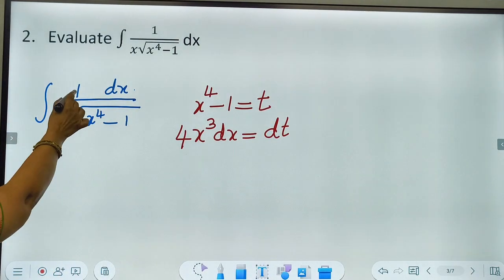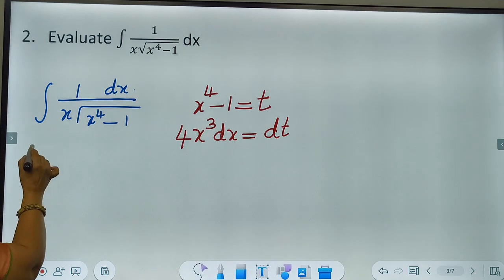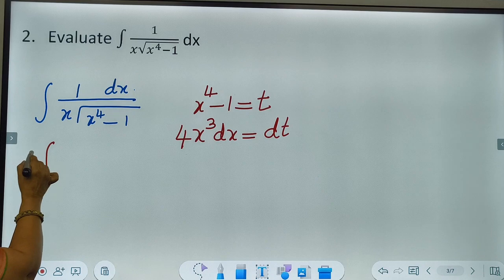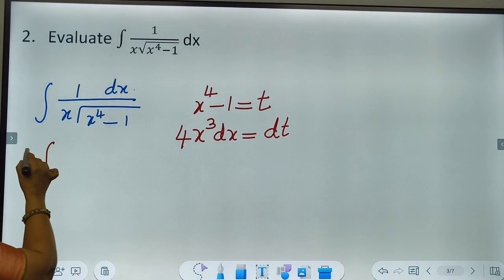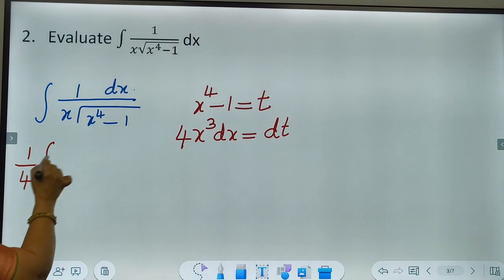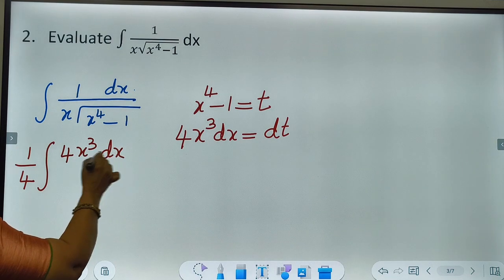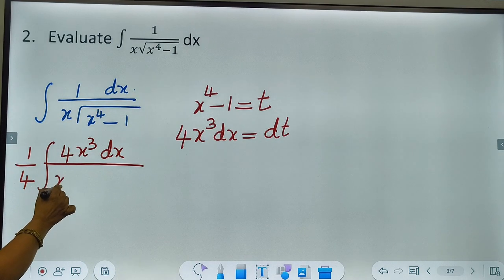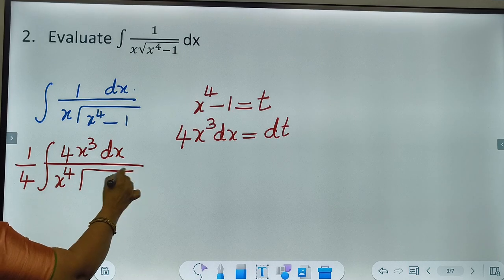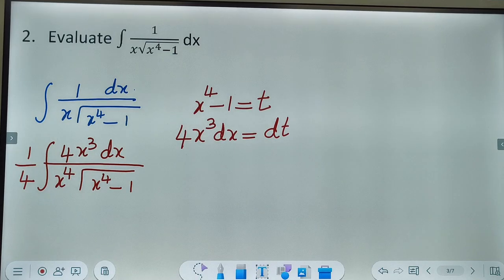But I don't have 4x cube, so I am going to multiply and divide by 4x cube. So this is 1 by 4 into 4x cube dx. If I multiply the numerator, I need to multiply the denominator also. So x cube into x will give me x power 4 into root of x power 4 minus 1.